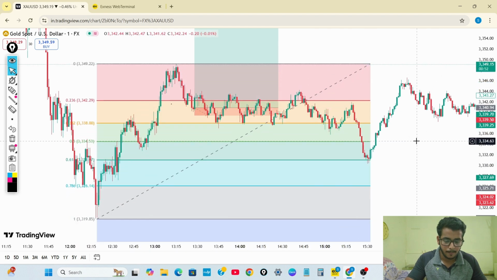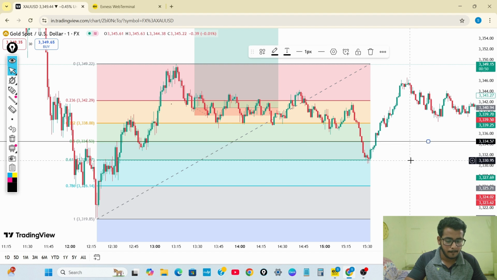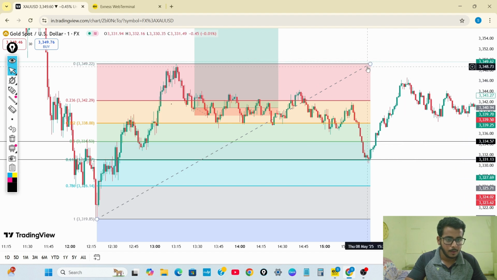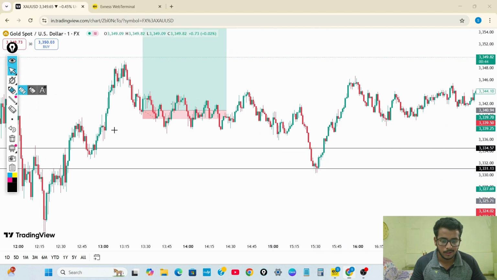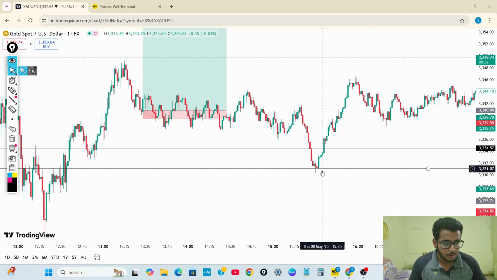So yeah, these are my fib levels, and as you can see, this is the 0.5 level, and this is the 0.618 level. As the market touched this level, it just went up, and it is still going up and up.